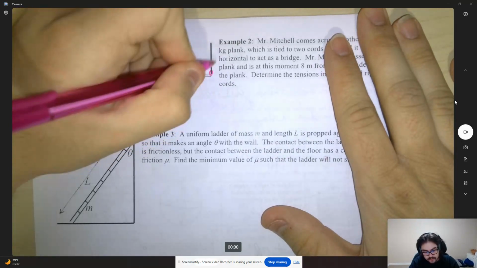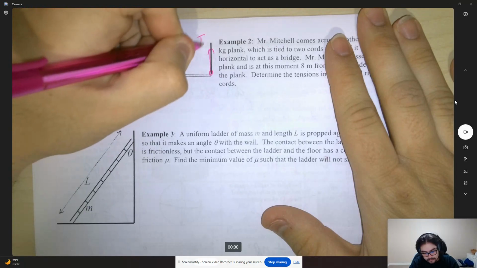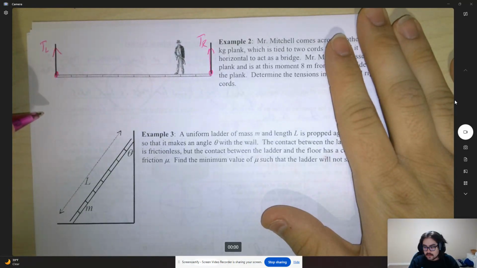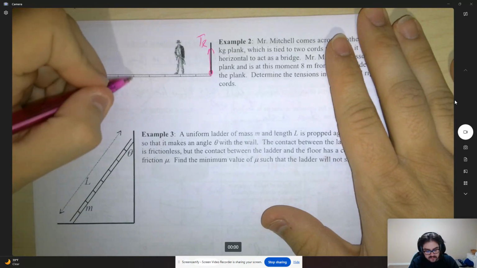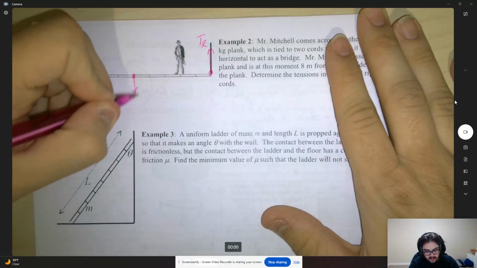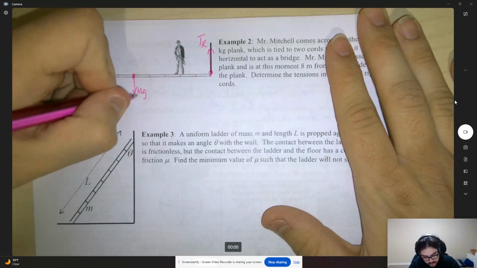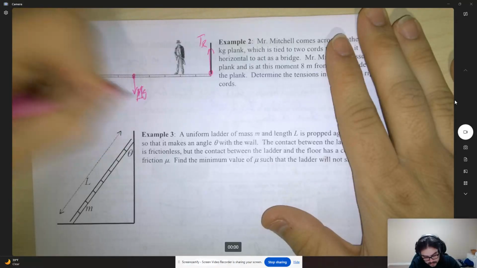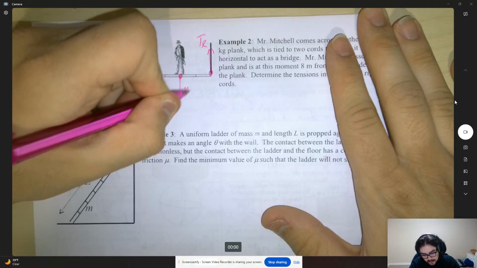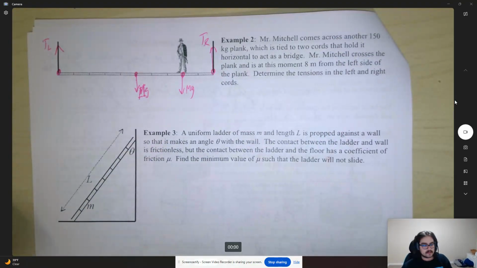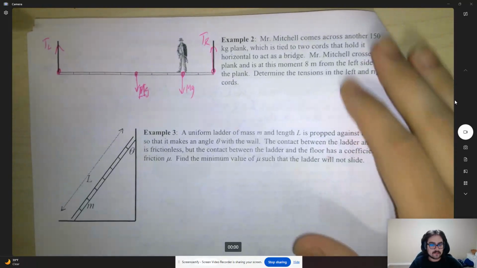You have tension in the right cord here, pulling up. You have mg from the center, so 1, 2, 3, 4, 5. I'm going to call that big Mg, because that's the plank. And then you do have mg from where Mr. Mitchell is.